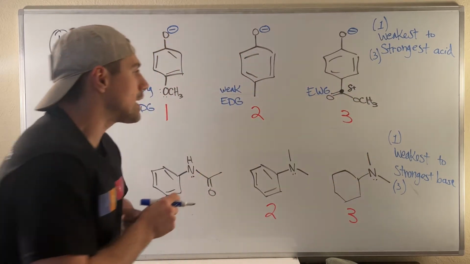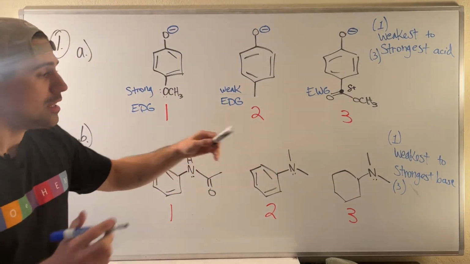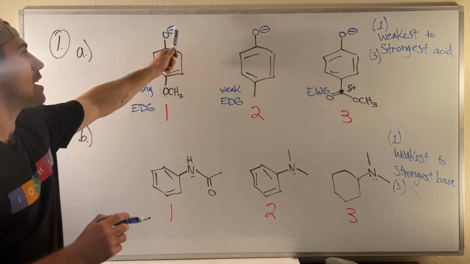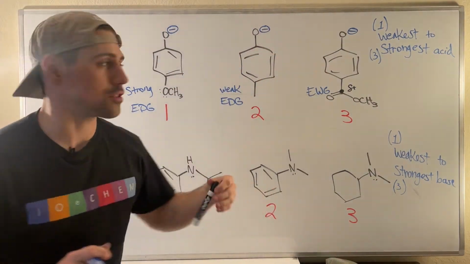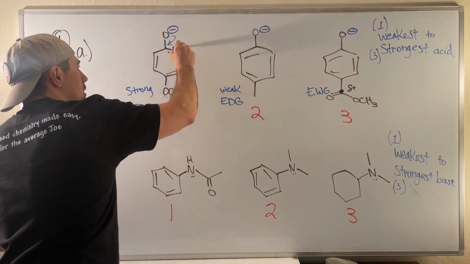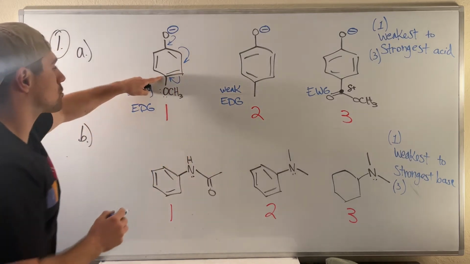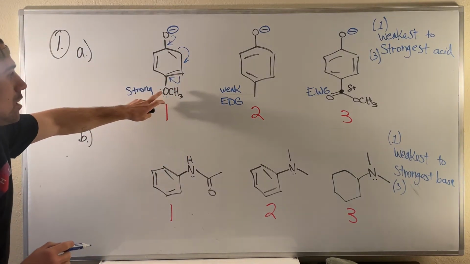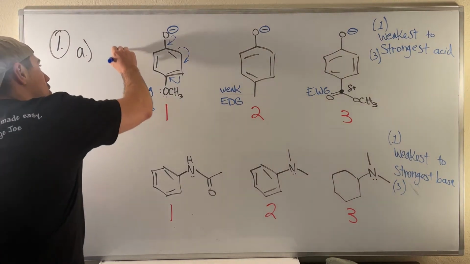The reason why the donating and withdrawing characteristics of these groups matter is because that determines how stable this negative charge is through different resonance structures. For example, if I did this resonance, I now would have a negative charge right here, right next to a very strongly partially negative oxygen. And that's not a good situation, right?